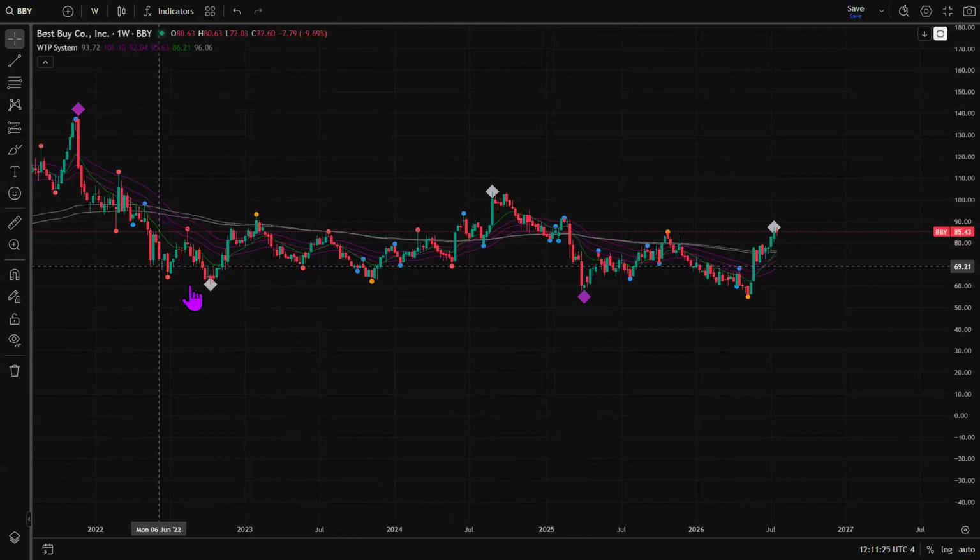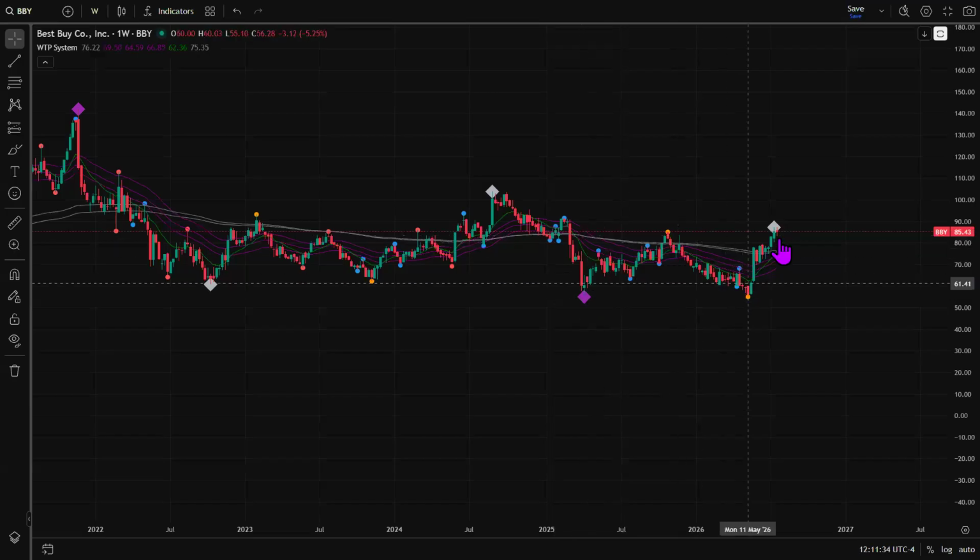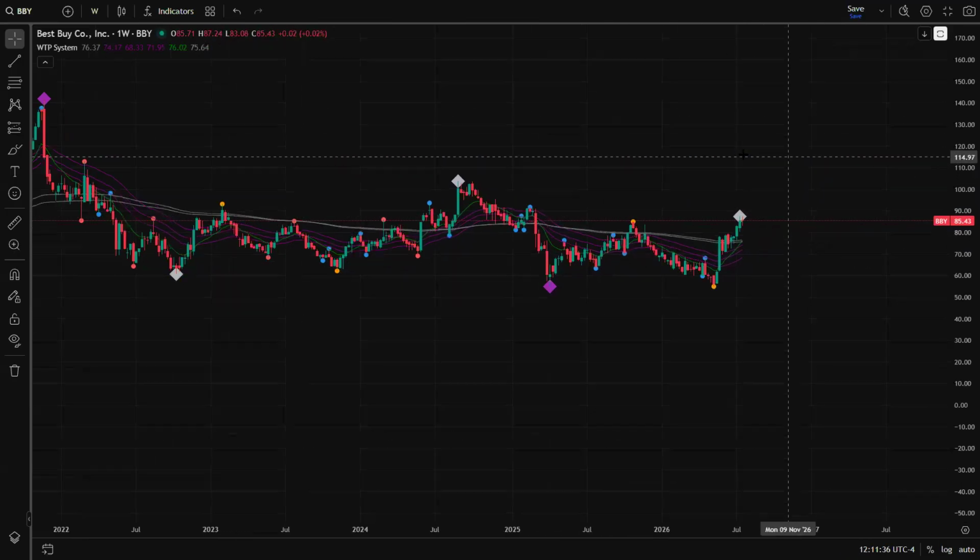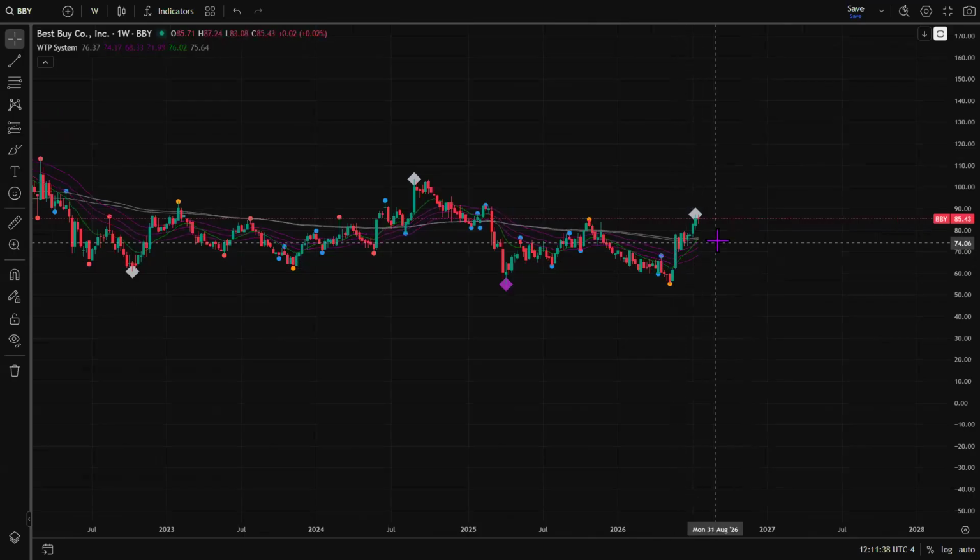And we came down, we had a correction back up again, and we made a new low. And now we have a nice three-wave move up. Is this going to start to head up again? Could do, but I'm going to put this on the watch list.